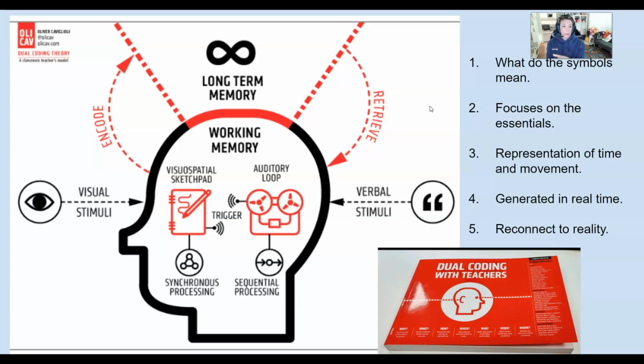However, it does focus on the essentials, and we can see representation of time and movement with the arrows. If this had been generated in real time, then we would know what these symbols mean, and we would understand the processes that are happening with the arrows. And then to assess the learning, we would then need to reconnect it to the reality, so maybe describing what this diagram means to somebody else.